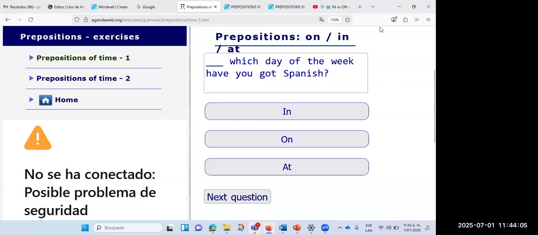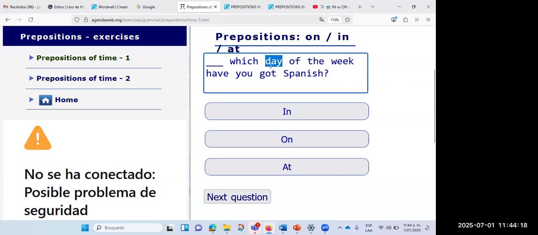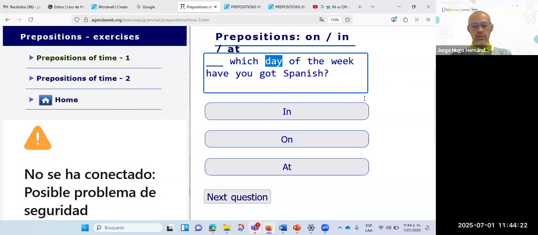On which day of the week? They are asking for the day. So the answer is going to be on Sunday, on Saturday. So that's correct. We have to ask the question, on which day of the week have you got Spanish?